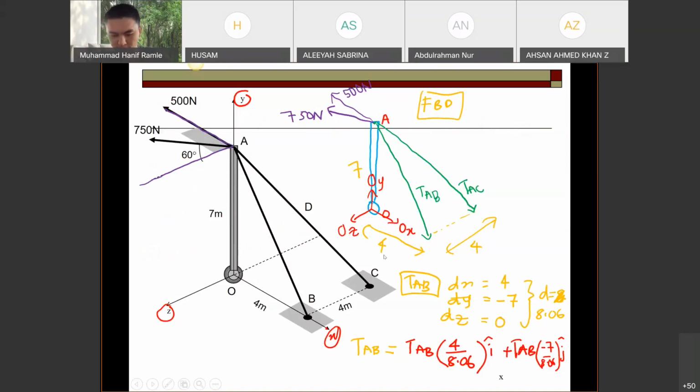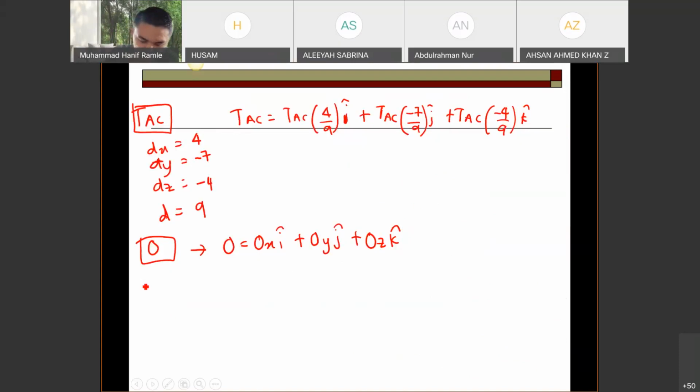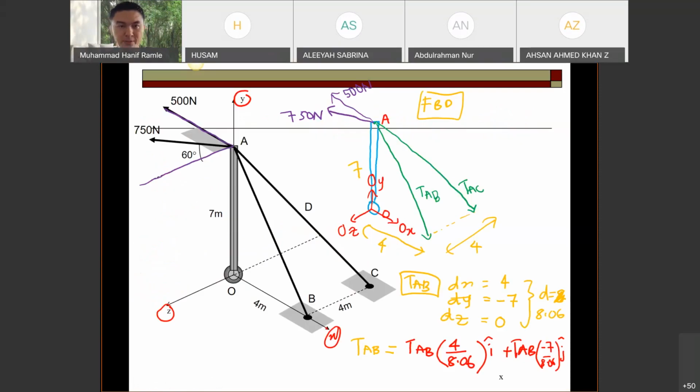Let me take 750 first. From this figure, how many components are there? Two, only.